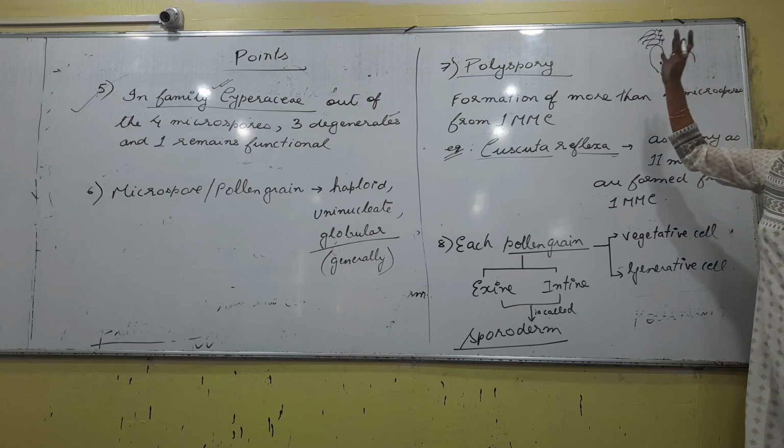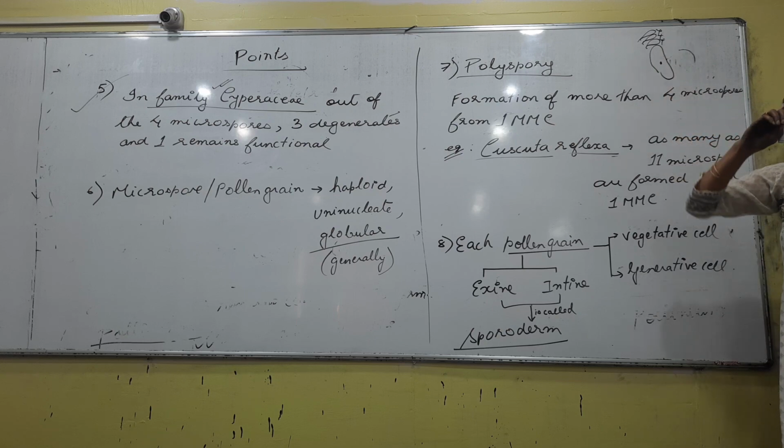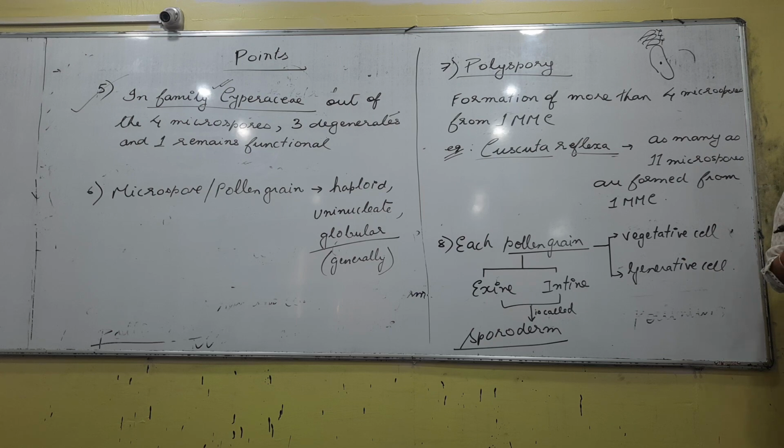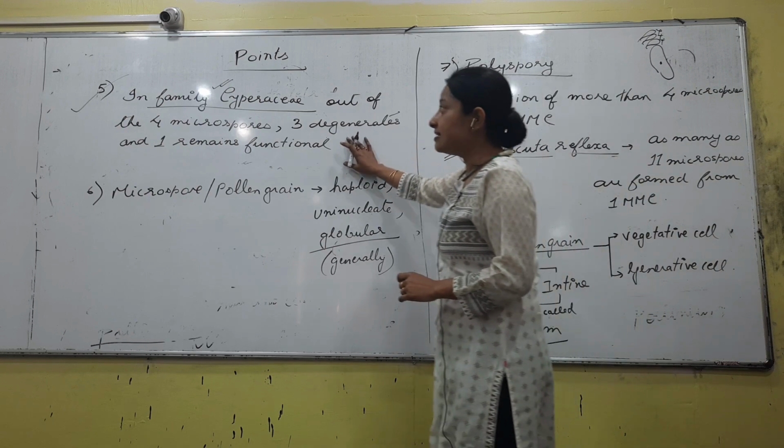In case of what? Megasporogenesis, right? Megasporogenesis means what? Formation of megaspores. How many form? Four. How many become functional? One. In case of microsporogenesis, how many microspores form? Four. How many become functional? In general, all the 4 microspores that are formed will remain functional, but this is an exception.